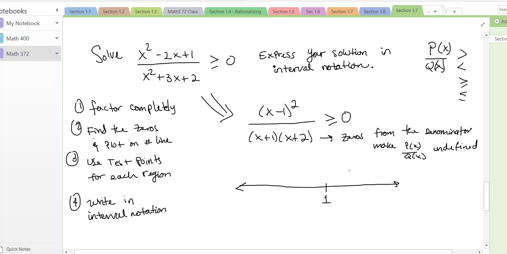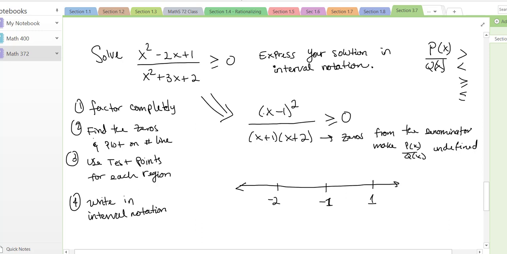Personally, what I usually do, because I'm going to get -1 and -2, is let me remove this 1 over here. So I'm going to put 1 over here, and then -1 and -2.